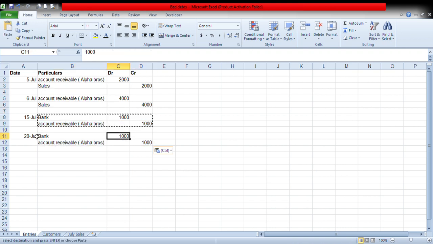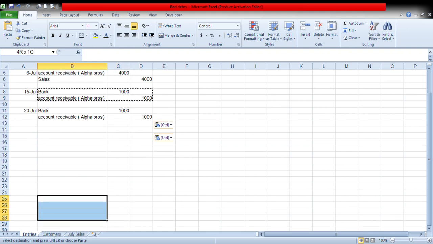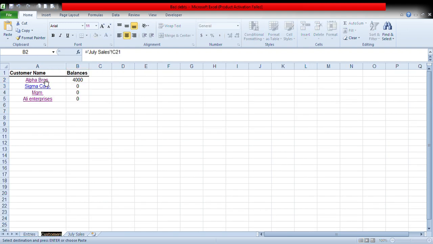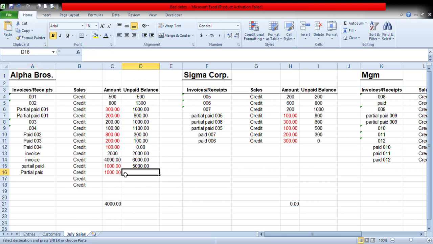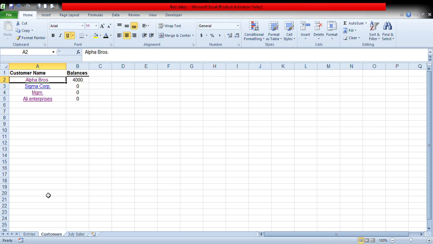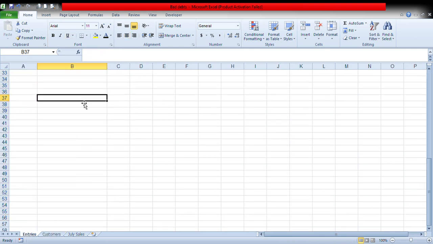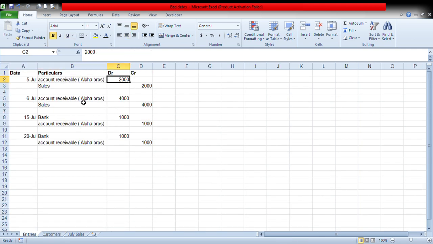Understand? So now 4000 is remaining. Here also it tells me 4000 is remaining for customer Alpha Bros. It is all linked because I received 2000, so receivable is less, so 4000.